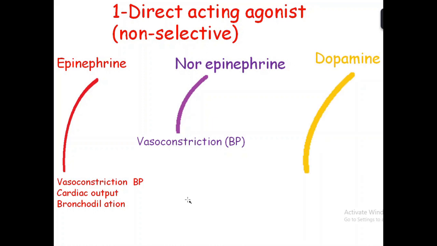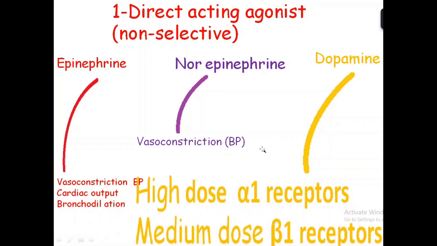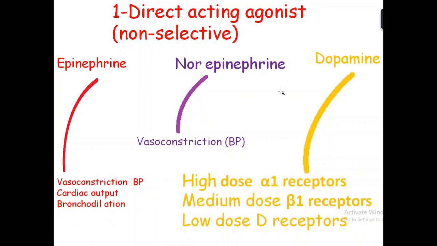If we talk about epinephrine, norepinephrine and dopamine, keep in mind that they are non-selective. It means they can act on both alpha and beta receptors. They are also catecholamines, which means that their main route of administration is by injection. Now, one of the most commonly used direct acting agonists in clinical practice is epinephrine.